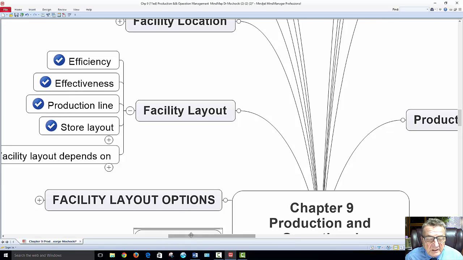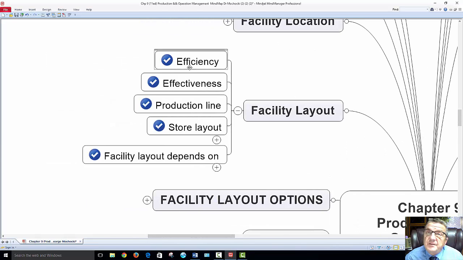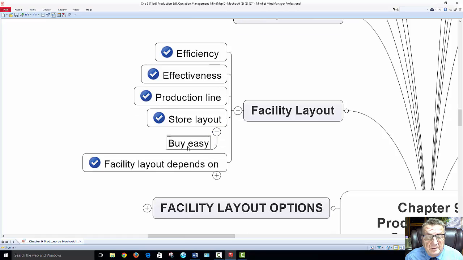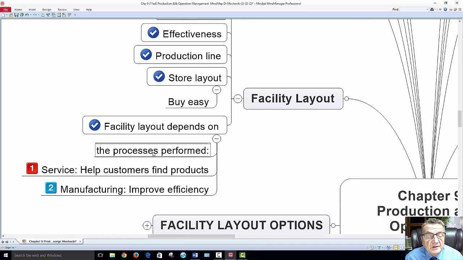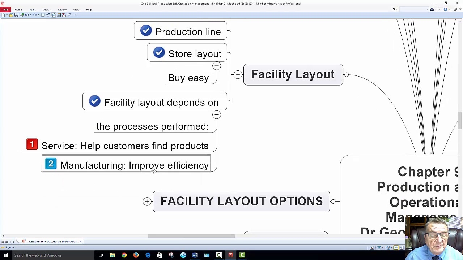Okay, so now I'm looking at my facility layout: efficiency, effectiveness, production line, store layout. Facility layout depends on the process performed. You have two things: service, where the way it's laid out helps customers find the product, and manufacturing, where it improves efficiency. And this is no different than how the internet is laid out.